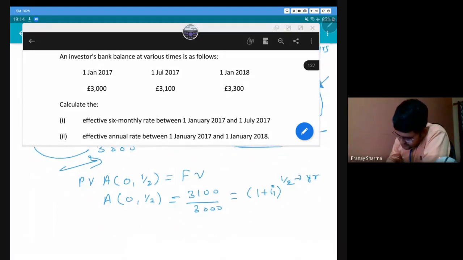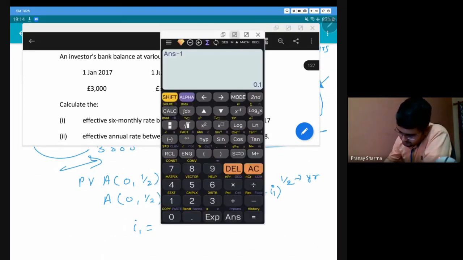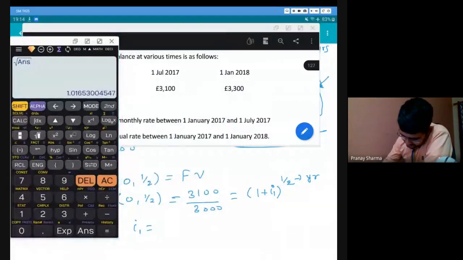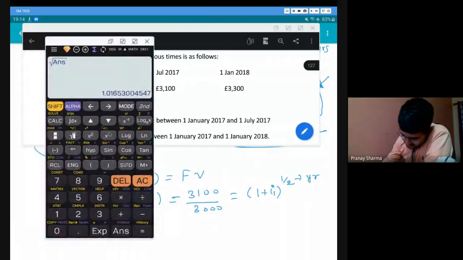So my I1 will be equal to 3,100 over 3,000, and then I will have to take root. Sorry, not root.